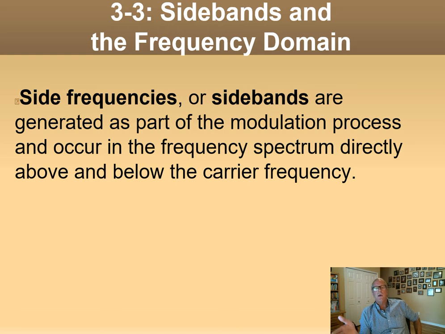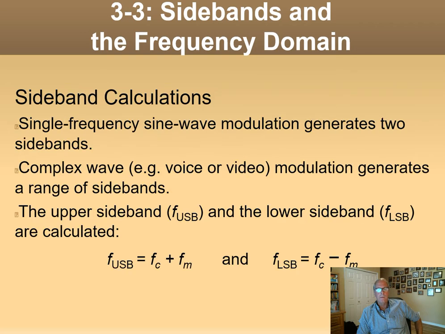So those 2 cosine waves that result from the multiplication of the 2 sines, those are sidebands, and we went over that in class. And one is the upper sideband, one is the lower sideband. And they're separated from the carrier in frequency by the modulation frequency.